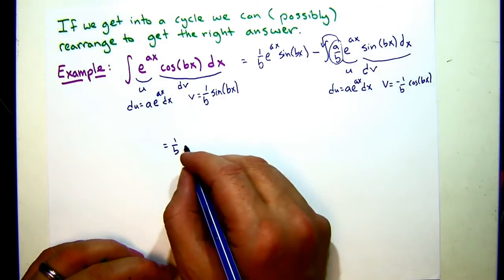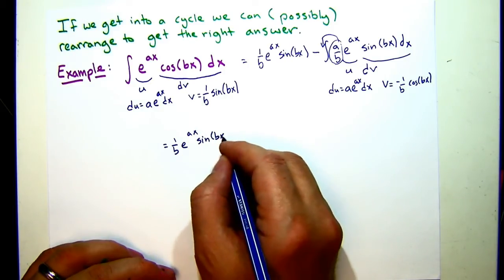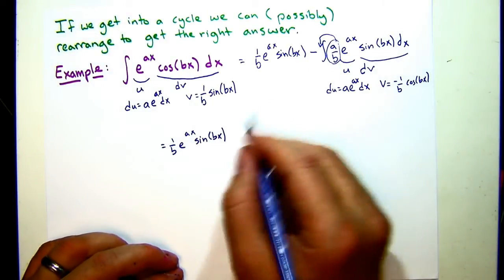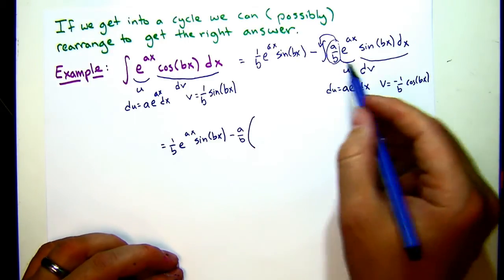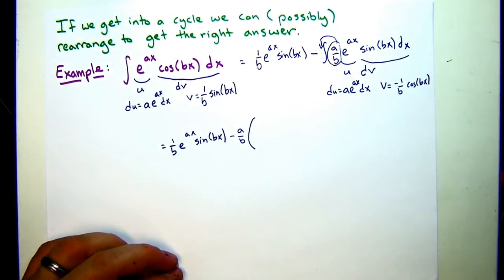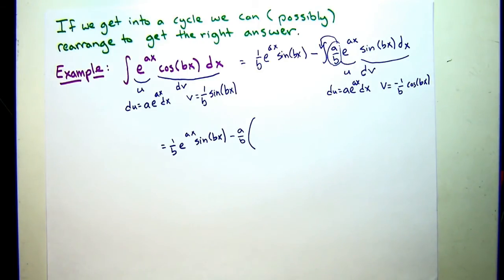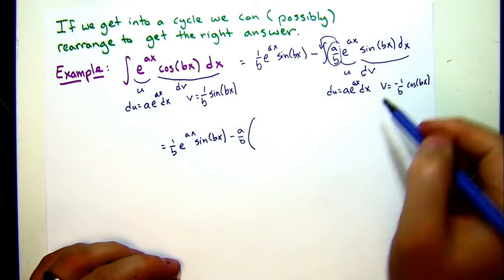All right, so we have 1 over b e to the ax sine of bx. And now we have minus this a over b times, all right, product rule. Sorry, not product rule. Integration by parts. The product rule and integration by parts, they're more or less the same.